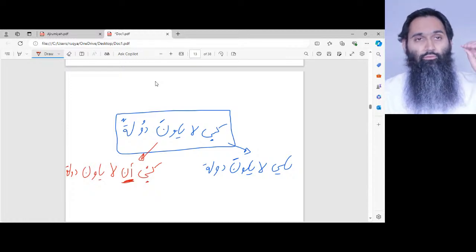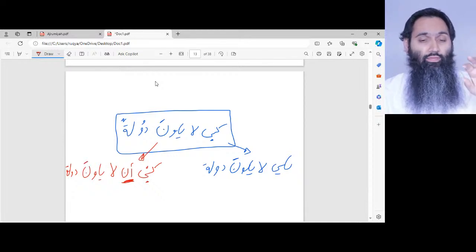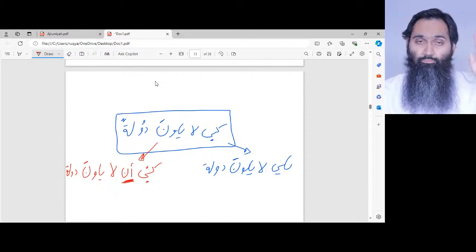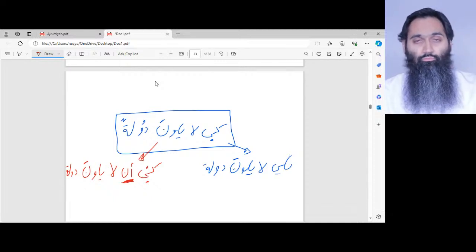Then if we don't assume there is a lam before it, basically what happens is this. We get this construct. Here now, kay is not the one that makes yakuna mansoob. Yes, yakuna is mansoob, but it's not kay that's making it mansoob.